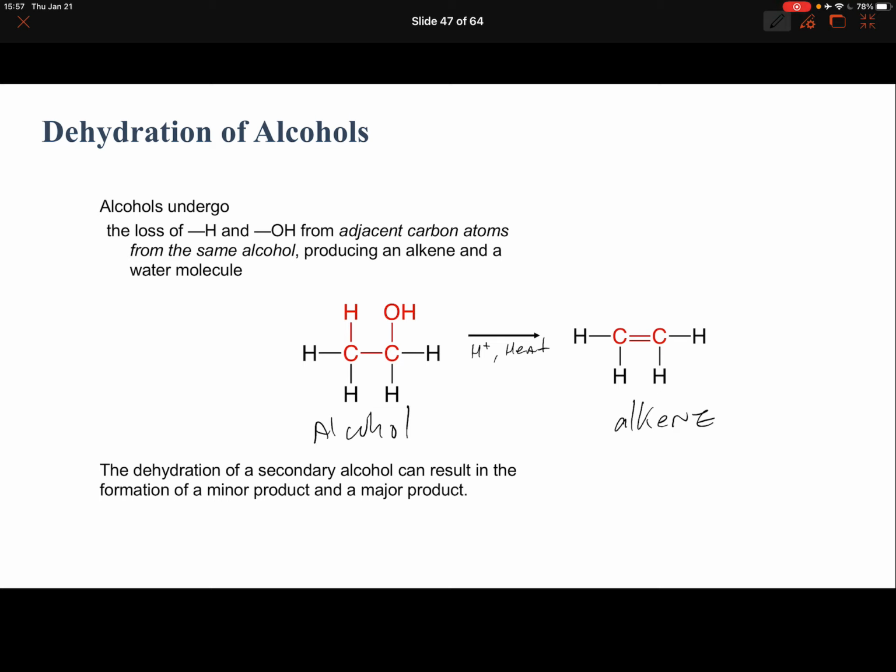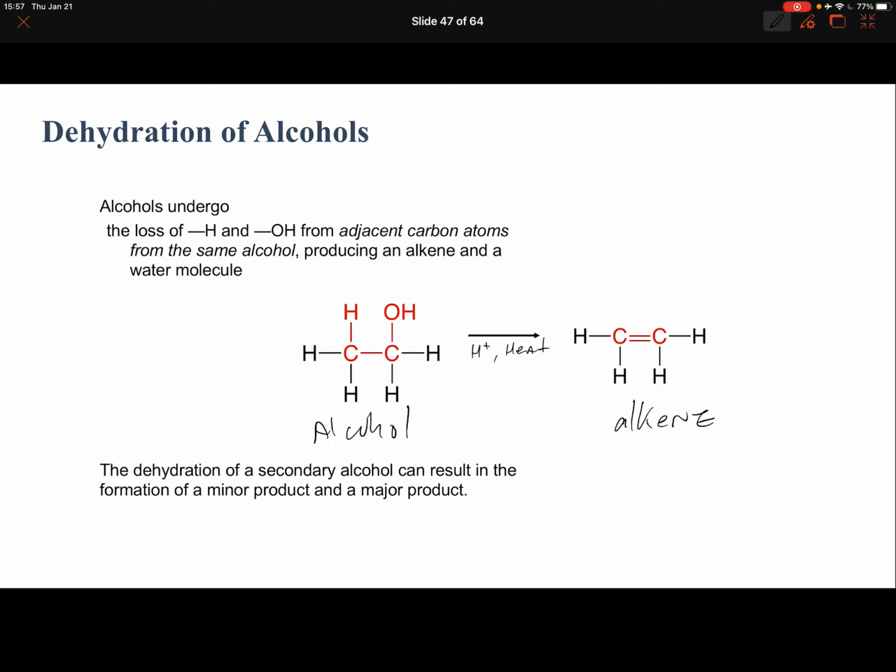Now, as I mentioned here too, the dehydration of a secondary alcohol can produce a minor product and a major product. We won't go into too many of the details on that, but the major product is the one that forms by removing the hydrogen from the carbon that has the smaller number of hydrogen atoms. Just like when we were forming it, that's where the hydrogens went: they went to the carbon with the most hydrogen atoms.